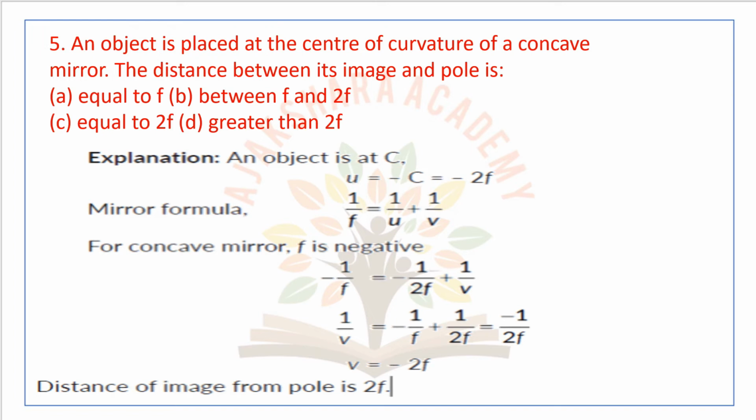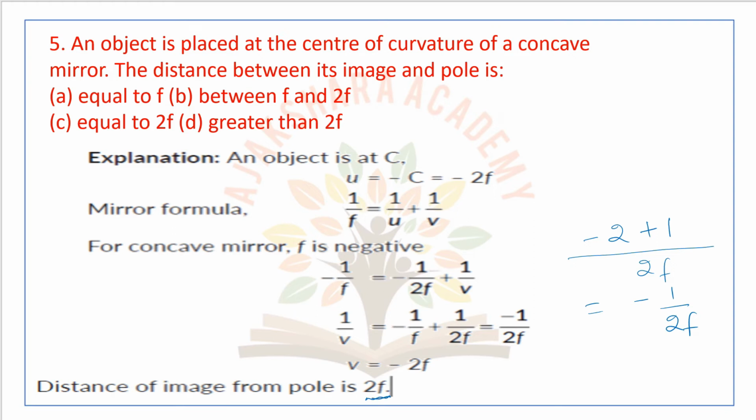So 1/v = minus 1/f + 1/2f. Taking the LCM, 2f, we get minus 2 plus 1, so that is equal to minus 1/2f. So 1/v = minus 1/2f, so v = minus 2f. So the distance of the image from the pole is 2F.